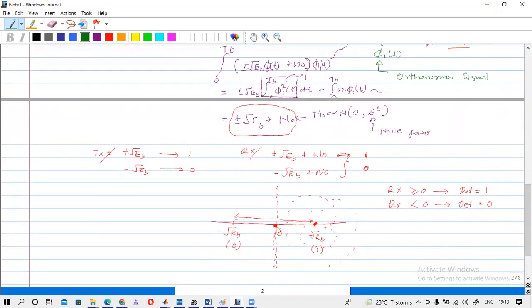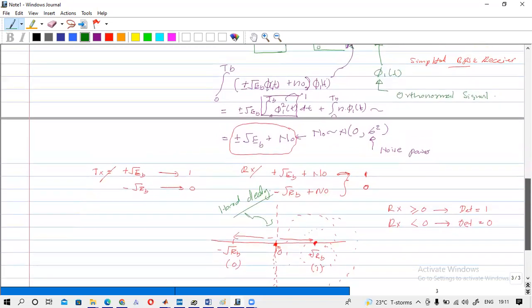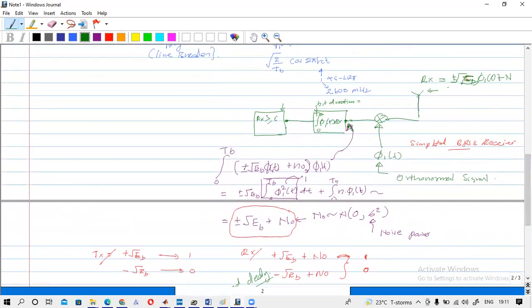Actually this is called hard decoding, because you make your decision based on a value. So if Rx is greater than or equal to 0, you decide your detected bit is 1, or if Rx is less than 0, you decide your detected bit is 0.